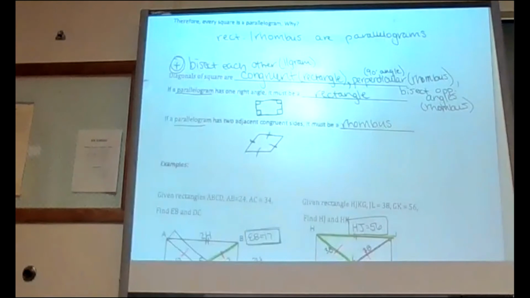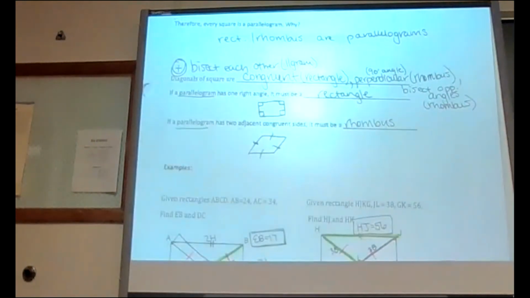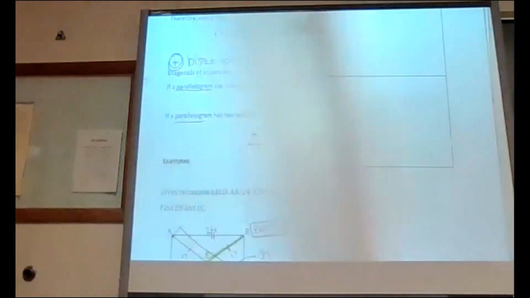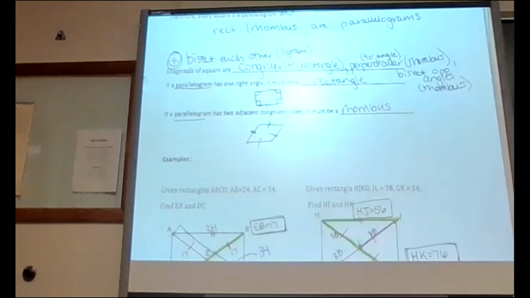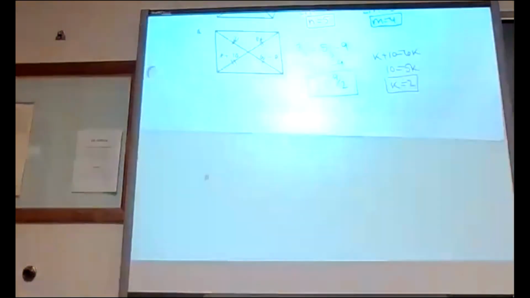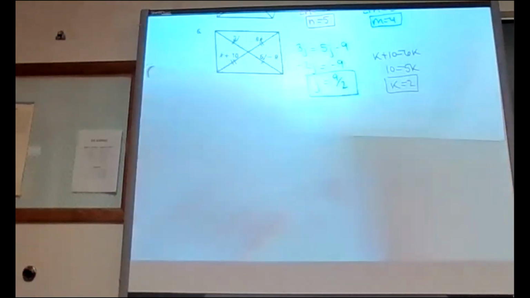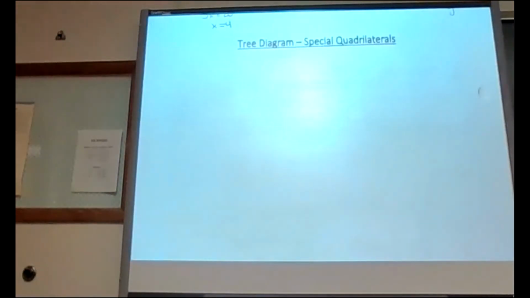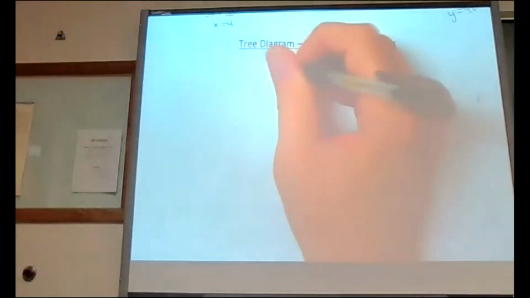Okay, I'm gonna give us a break from notes in a minute, but I wanna fill this in. Our family tree, our ancestry.com tree. So if you flip this over, we're gonna make a little chart here. So this is how it works. Okay, tree diagram. First we have quadrilaterals.